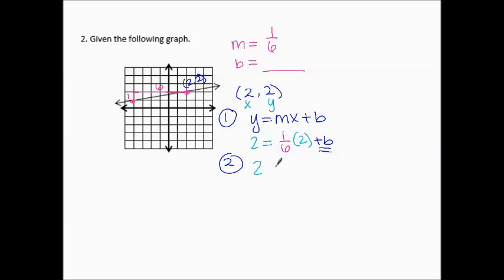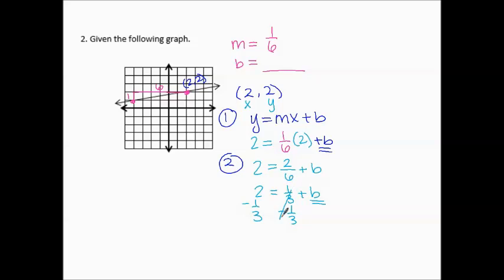So now I have 2 equals 1/6 times 2 is 2/6 plus b. I also know that 2/6 I can simplify to be 1/3, so 2 equals 1/3 plus b. So I want to solve for b. I subtract 1/3 from both sides.